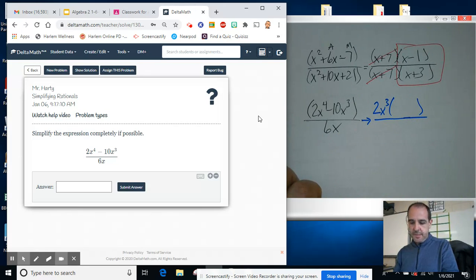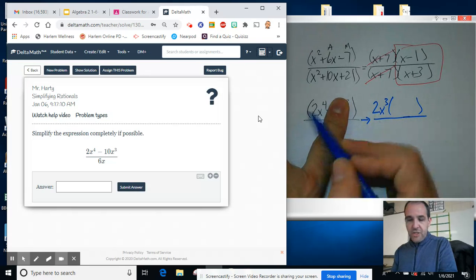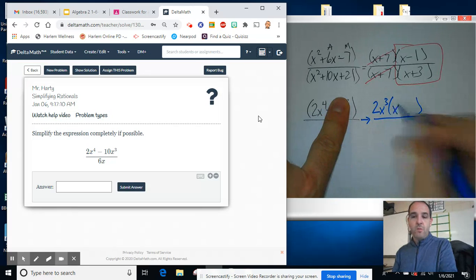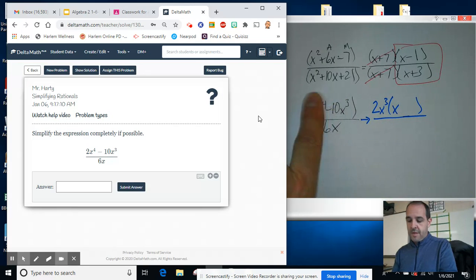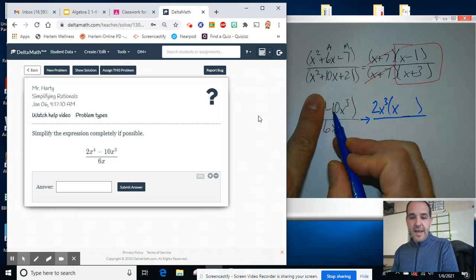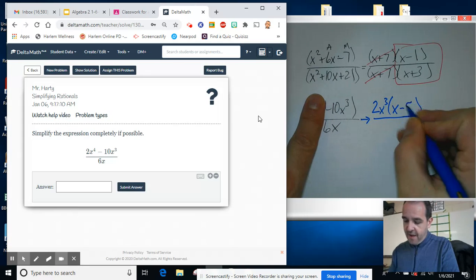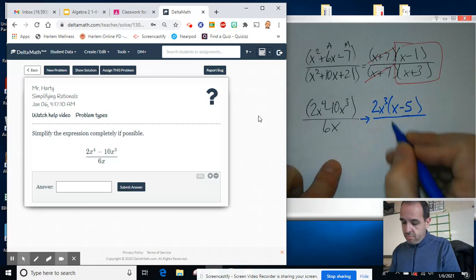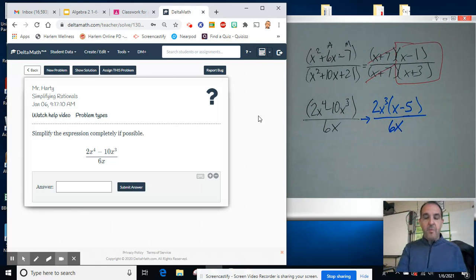Now we take it piece by piece. I already got the 2. I got 3 x's, I need 4. I need 1 more. Here, 2 times what gets me to negative 10? Negative 5. And I already got all 3 of the x's. Down below, don't need a thing.